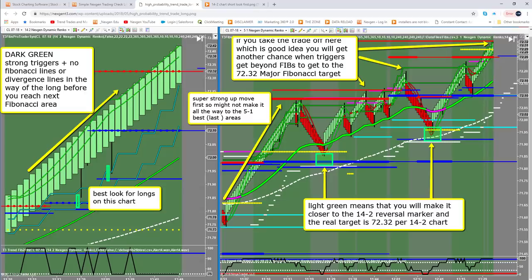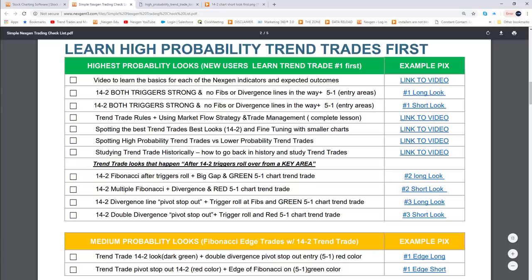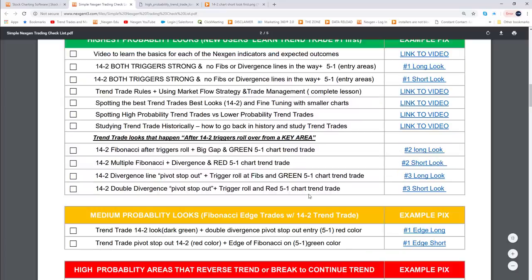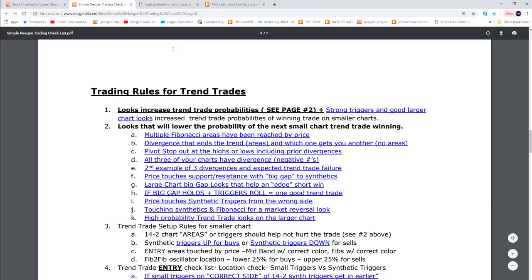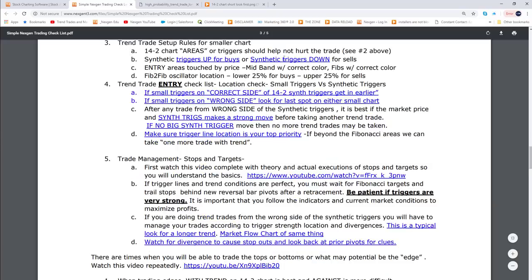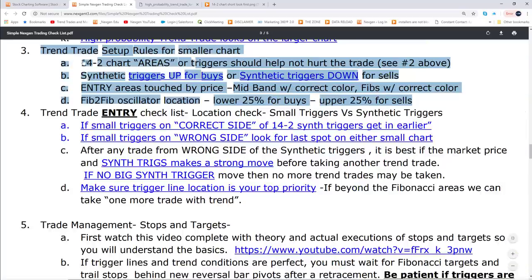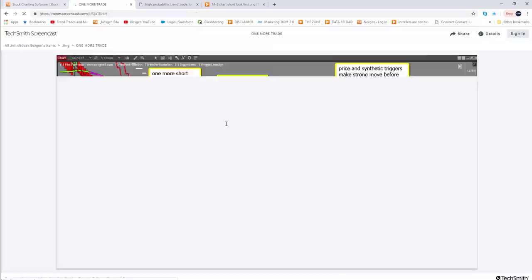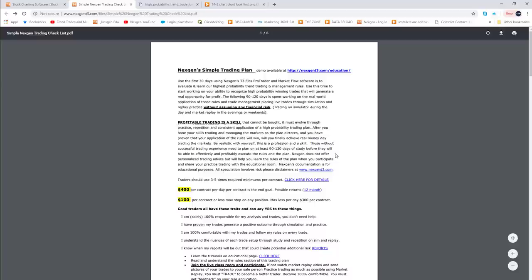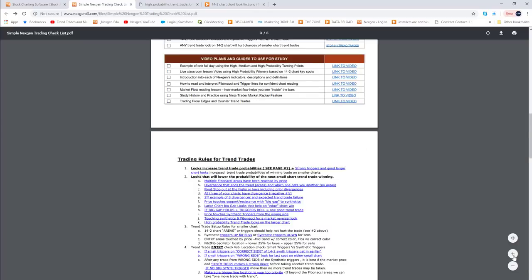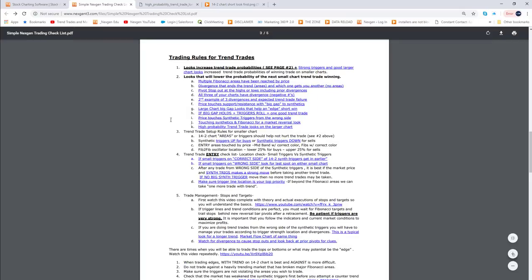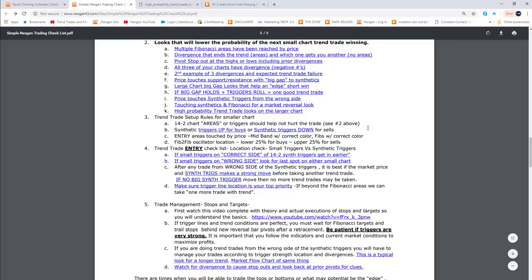Now, also in our rules, just in the written part of our rules, the rules for our trade setup are as follows. The rules are pretty straightforward. We need to have the 14-2 chart helping us, which we've got the right looks on.